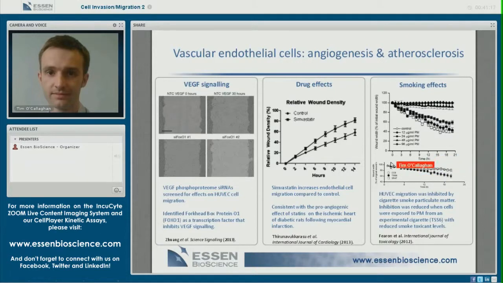These data are shown in the bottom panel here, with the experimental cigarette in the dark symbols and the reference cigarettes in the open symbols. On the left-hand side, we have measurement of wound width, and we can see that wound closure is fastest for the experimental cigarette with reduced smoke toxicant levels.